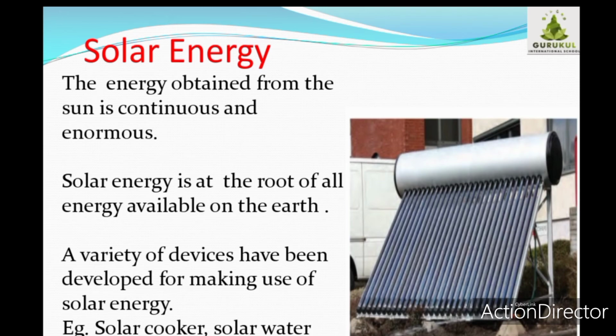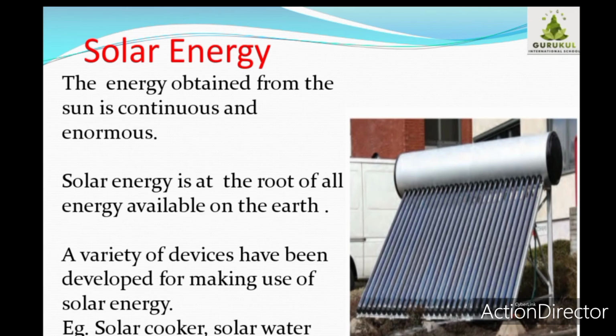A variety of devices such as solar cooker, solar water heater, solar dryer, solar cell, and even some scooters nowadays are also working on solar batteries. These devices are developed by human beings so that we can avoid using conventional energy resources which are non-renewable.